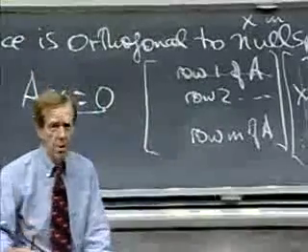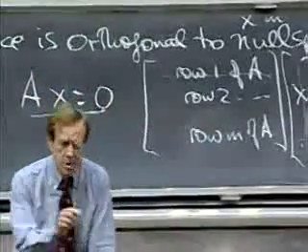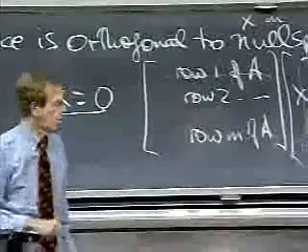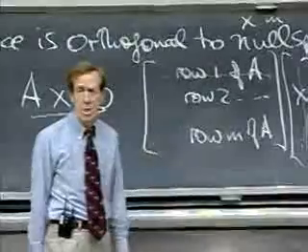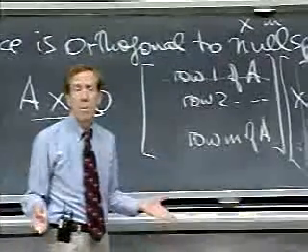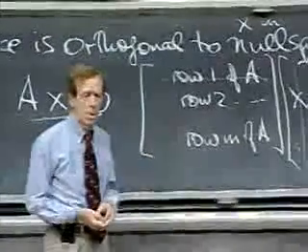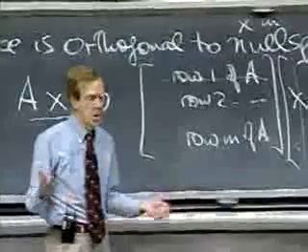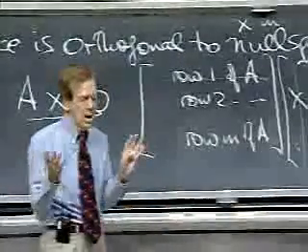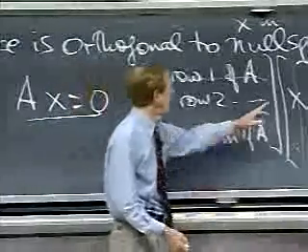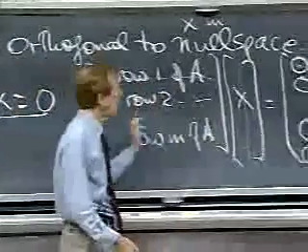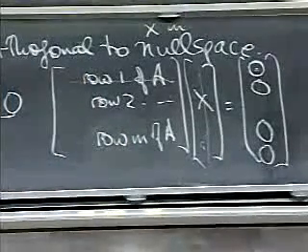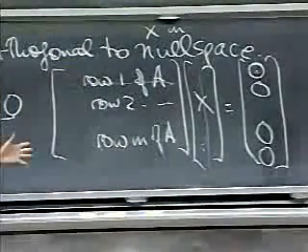We just have to remember, what does it mean? What does that word space tell us? And what else is in the row space besides the rows? All their combinations. So I really have to check that, sure enough, if X is perpendicular to row 1, row 2, all the different separate rows, then also X is perpendicular to a combination of the rows.